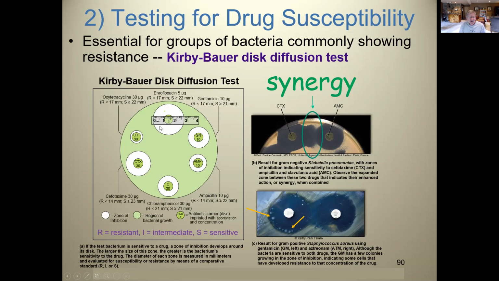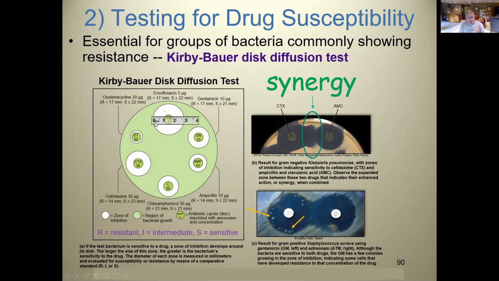And back to the sketch for just a moment. What we would simply do to assess the susceptibility again is to take a ruler and measure the diameter in millimeters of that zone of inhibition. So you go from one end to the extreme other end. Again, millimeters is the unit, the length unit that we would use.